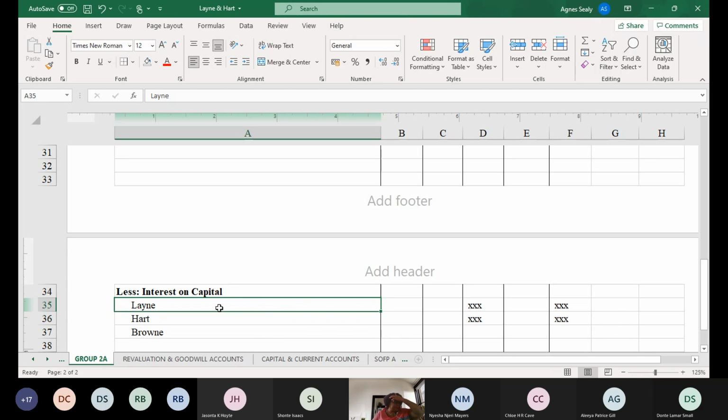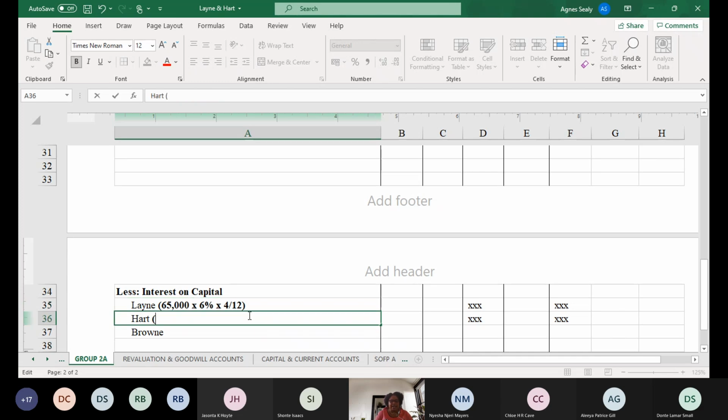So the interest on capital under the old agreement is at 6%. Okay, so let's look at Brown. Brown's opening capital was $65,000. So that is times 6%. And remember, the old agreement was only for 4 months. So then that is times 4 on 12.